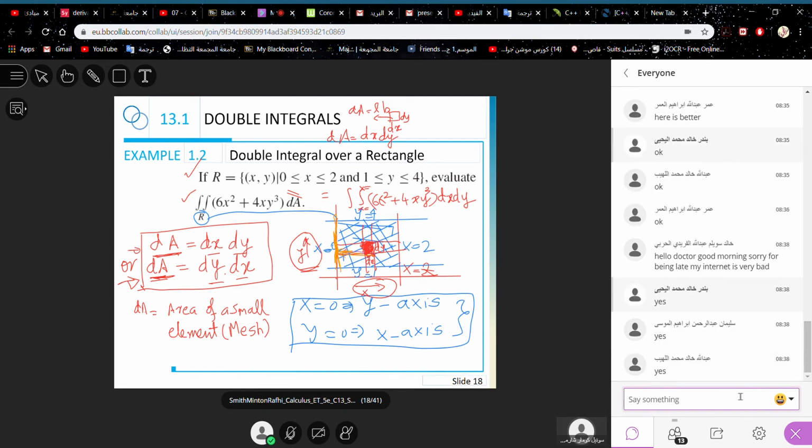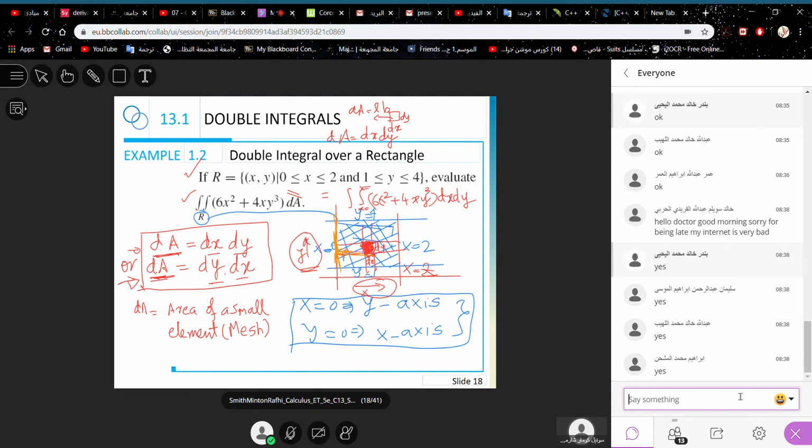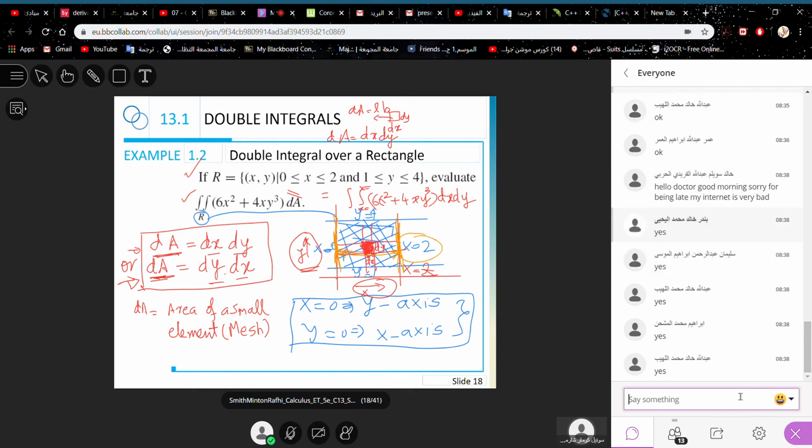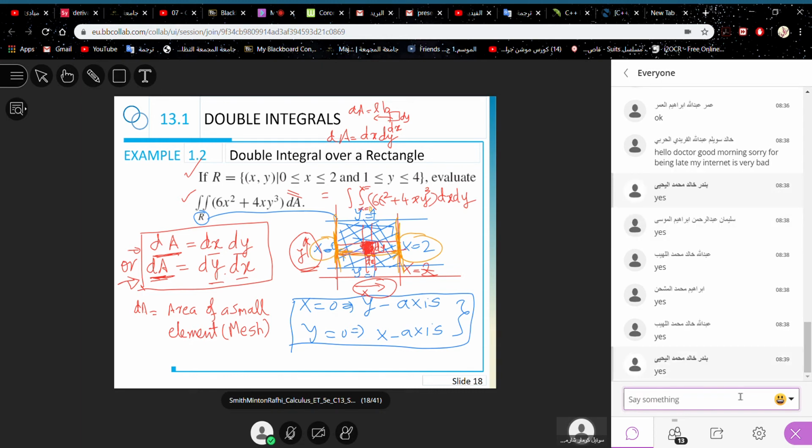And when you push this element to the right side maximum, you can go to this boundary, right? So the limits of x are from where to where? 0 to 2. Okay?